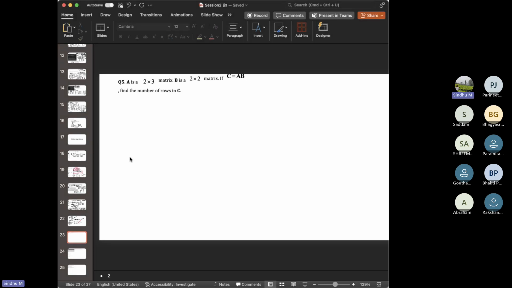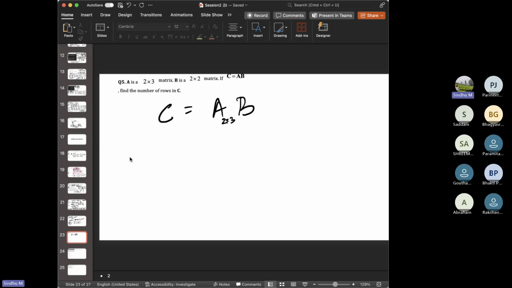So let's discuss this question now. Here we are multiplying two matrices, C equals A, B. In the question, they have given that A is a 2 cross 3 matrix and B is a 2 cross 2 matrix.